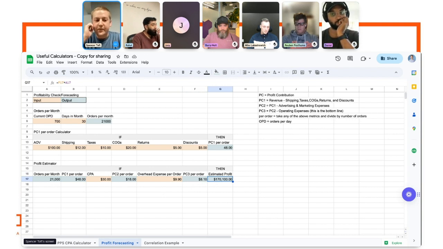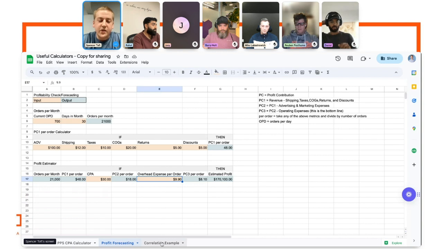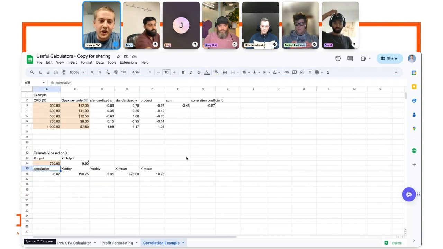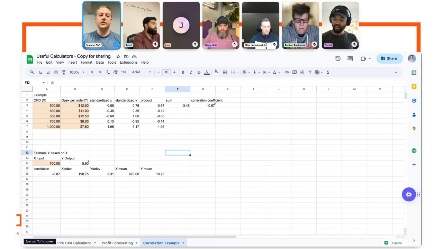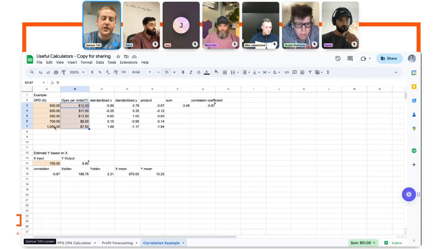And so let's explain the overhead expense per order first, which goes into this correlation example sheet. This is basically a historical analysis with fake numbers again, but you just put in X values and Y values, and the more you have, the better.